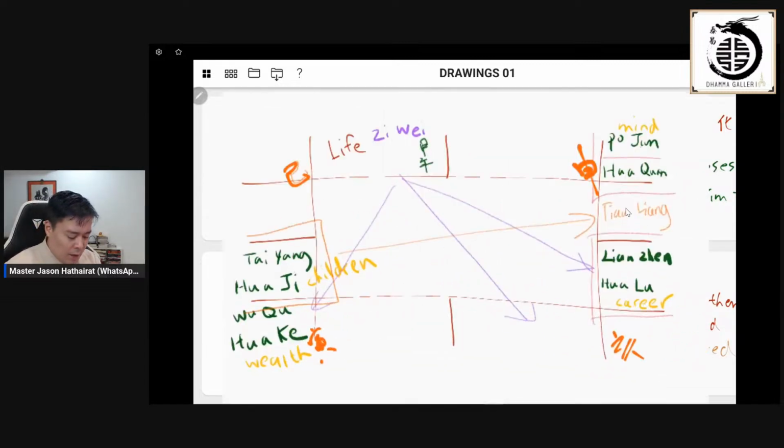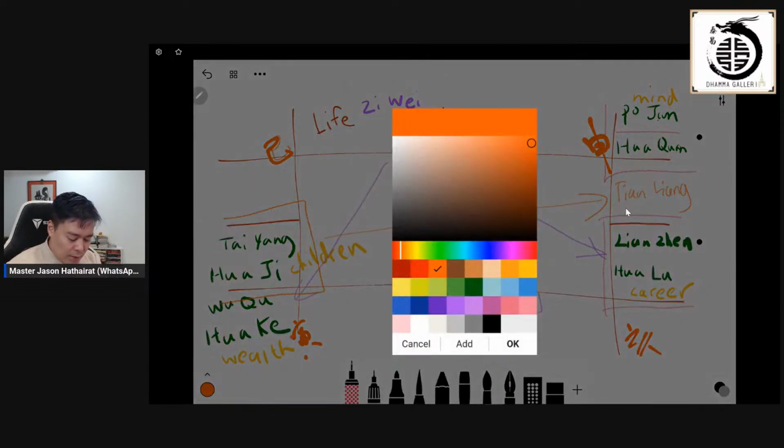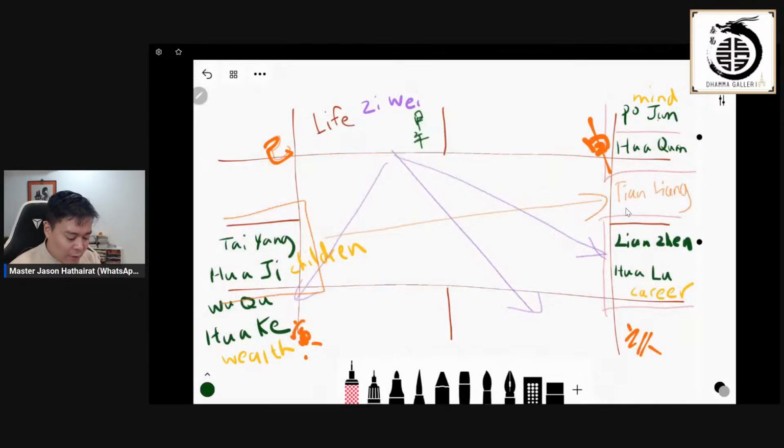For example, a person who has 紫微 at the court of Wu will always have 贪狼 at the travel domain.